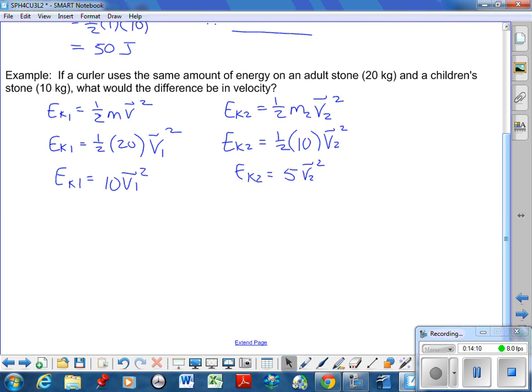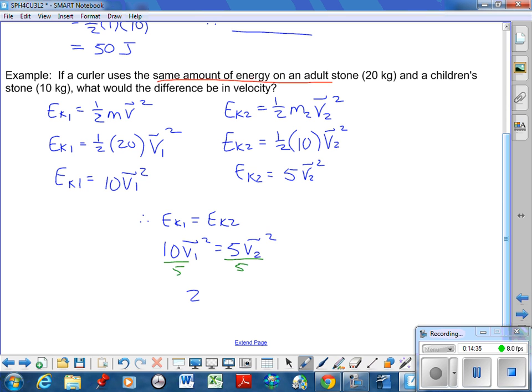So to finish this up, we know they're going to use the same energy. All right, it's given in the question. Same amount of energy. So we know the two energies are the same. So that means that 10 v1 squared is equal to 5 v2 squared. I'm going to divide both sides by 5.